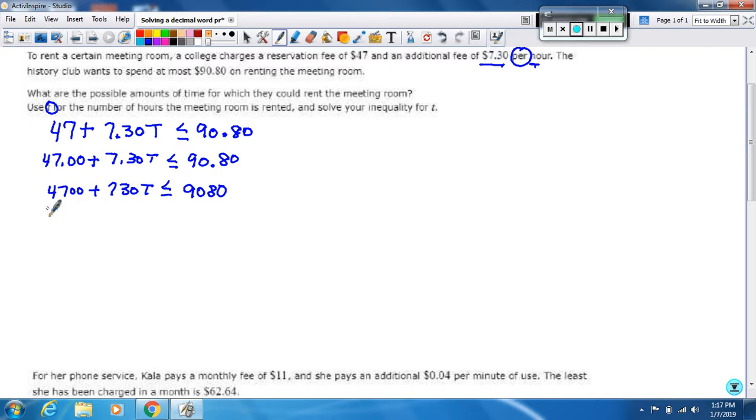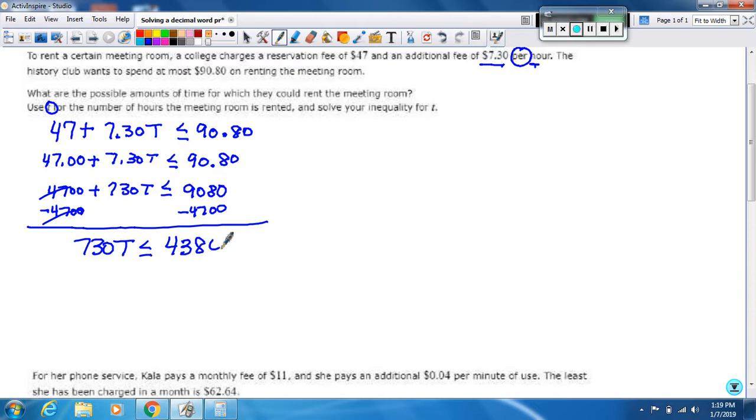So the first thing I'm going to do is subtract 4,700 from both sides. Opposites cancel. 730t is less than or equal to 4,380.